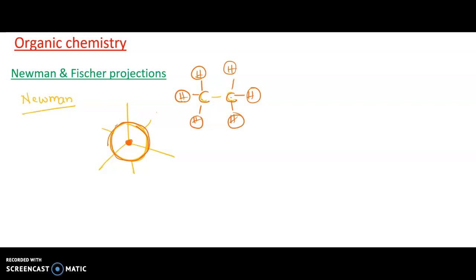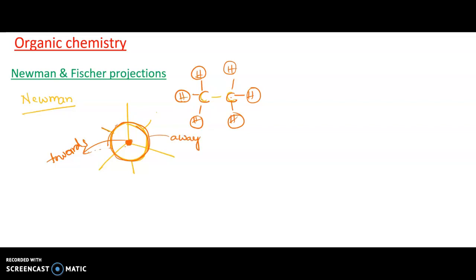The center of the circle is the carbon towards the observer, which is closer to the observer, and this is the carbon which is away from the observer.